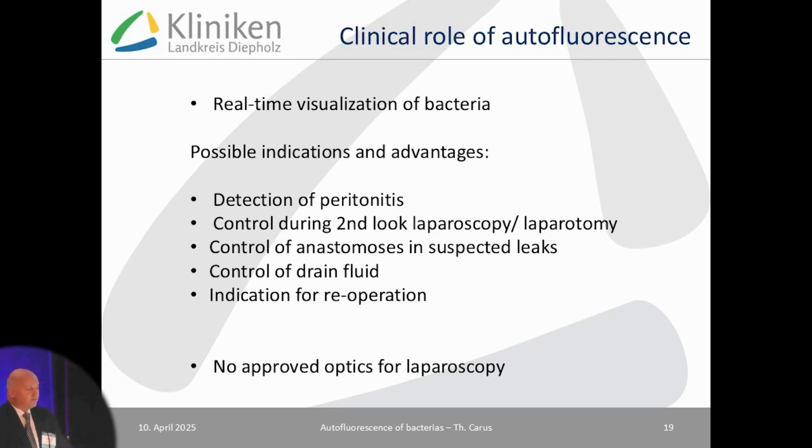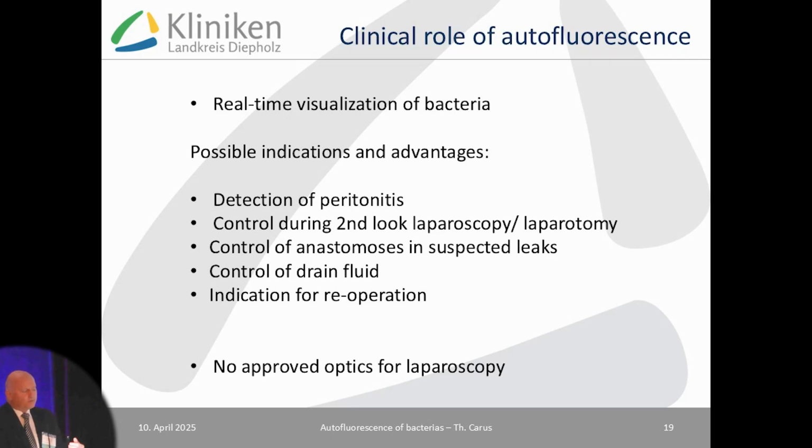And I have a lot of patients, I think one a month, with unknown fluid in the abdomen, and you don't know whether it's pus or not. The possible indication and advantages are detection of peritonitis. Sometimes, or we do it quite often, when we have a 4-quadrant peritonitis, we do a second look on the second day to make another washing.